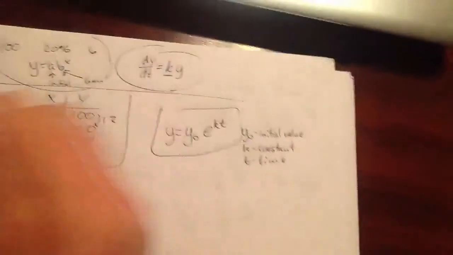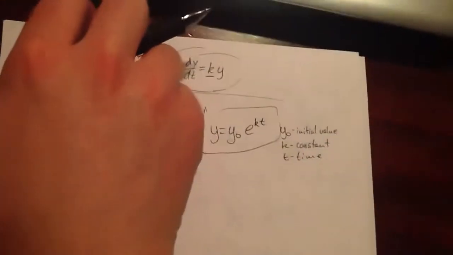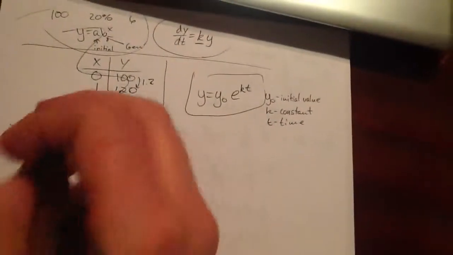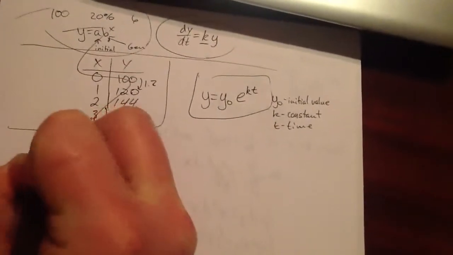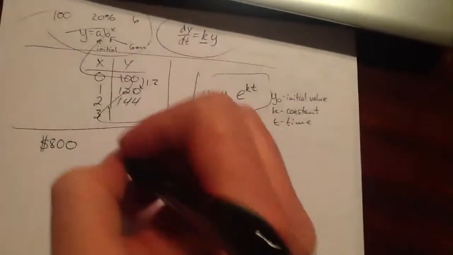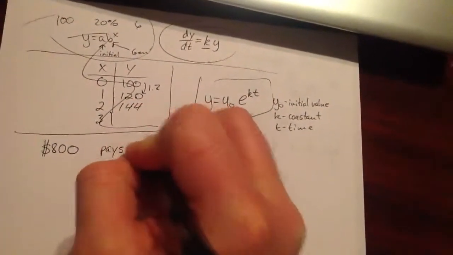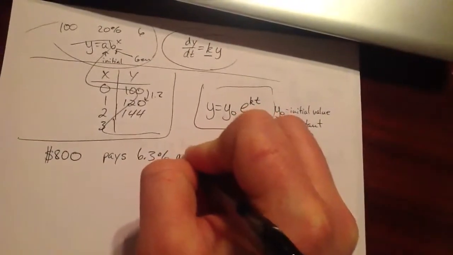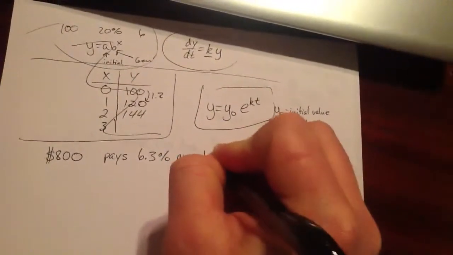So now just doing an example of continuously compounded interest. We'll do the example both ways, our old way and the new way. It's example 2 here. It says you have $800. You deposit it into an account that pays 6.3% annual interest.